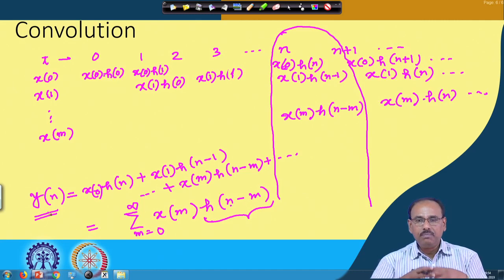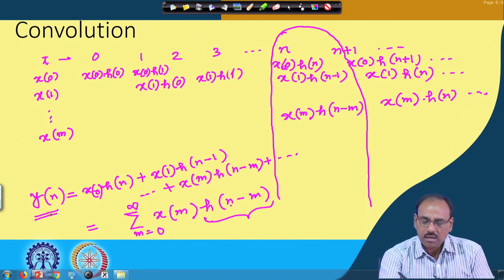So, when you compute convolution, it is computed by flipping your impulse response, then point by point multiplication with the input signal, and then summing them up. That is what gives you the convolution output at time t equal to n.